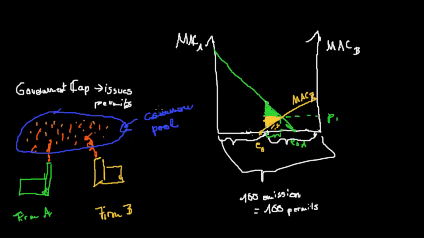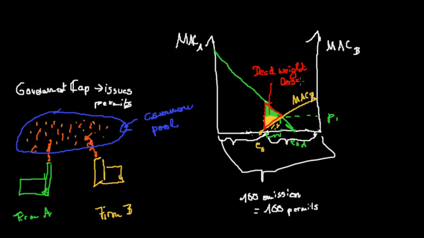So without trading, we would actually lose exactly the whole area here. This triangle would get lost as an inefficiency, and economists call this normally the deadweight loss of inefficiency.